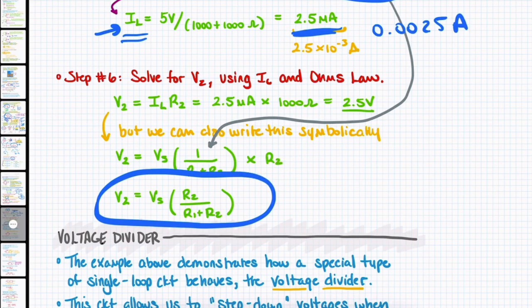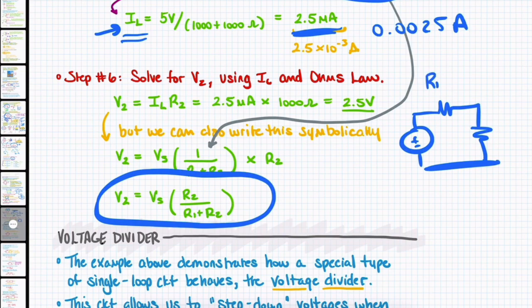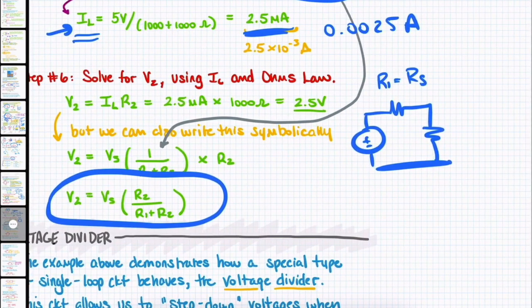What it tells us is that if we have a circuit that takes this very specific form, two resistors, and actually this applies to impedances as well, I'm going to give them slightly different names. I'm going to say R1, I'm going to call it the series element. And R2, I'm going to call it the load element, because we assume that we're observing this second resistance.